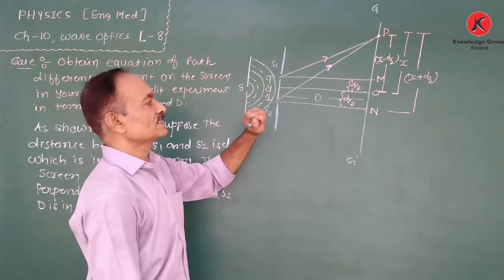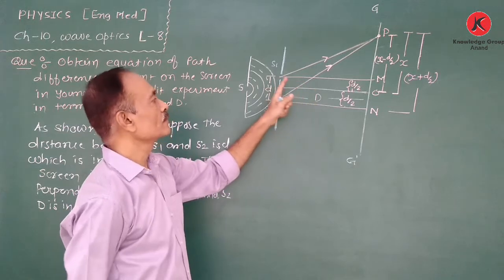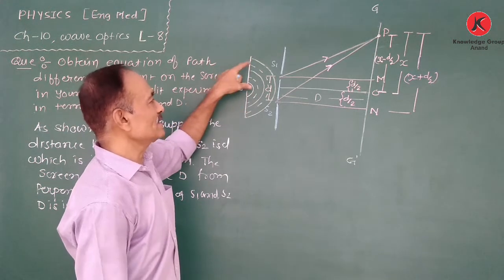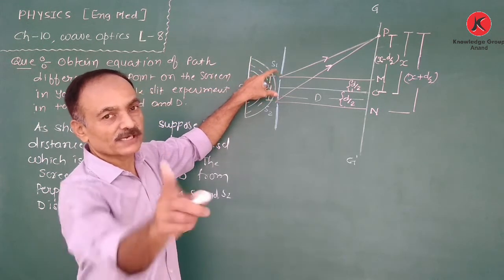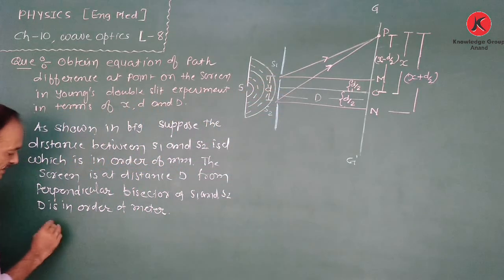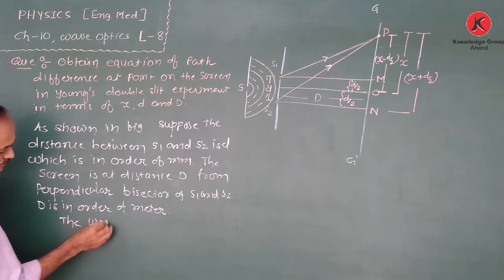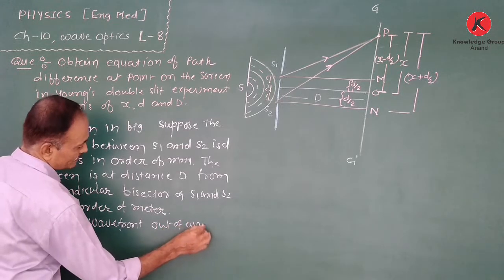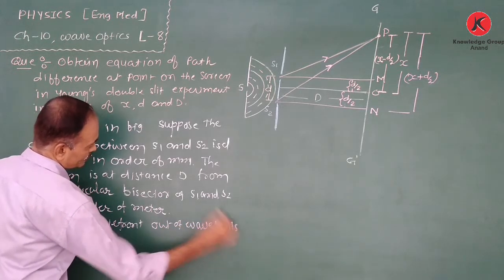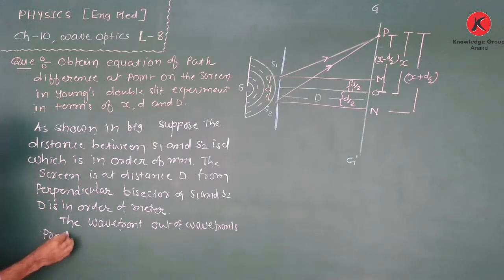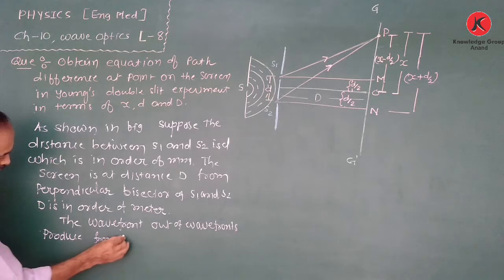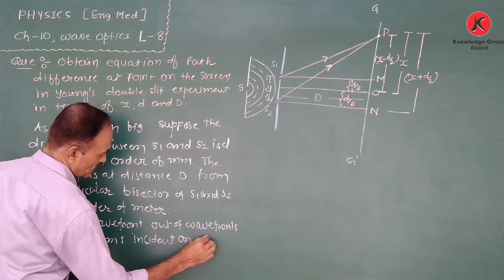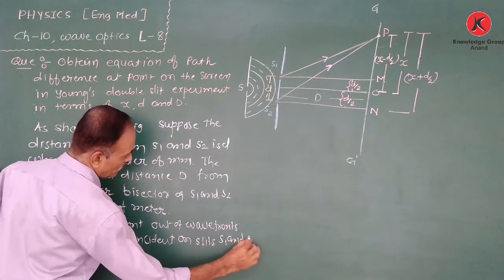Now, the waves generated from source S. Out of these wavefronts produced from S, one wavefront is incident on slits S1 and S2 at the same time.